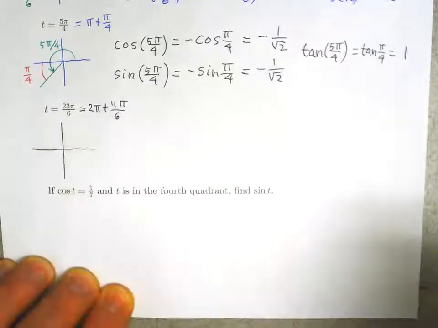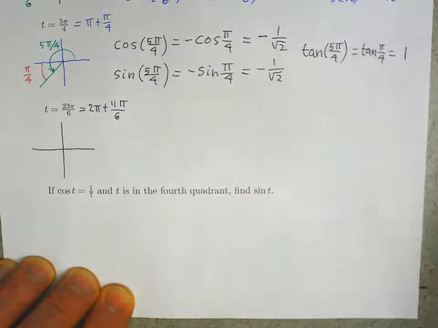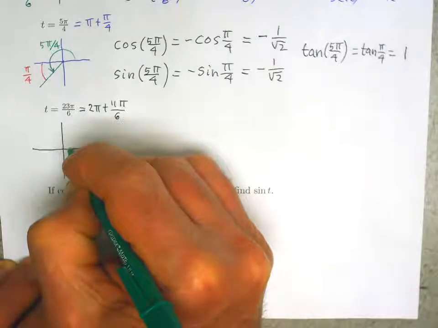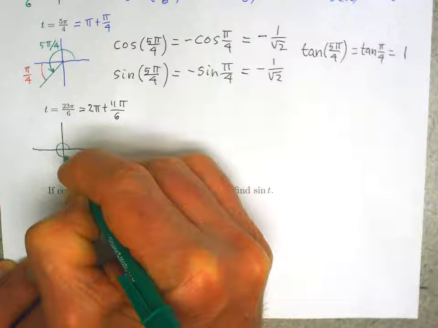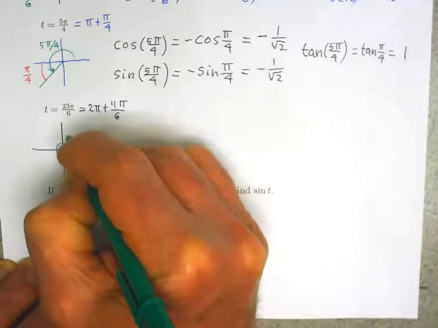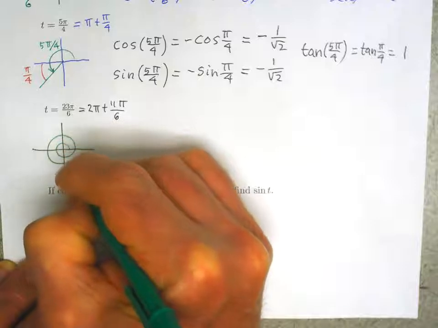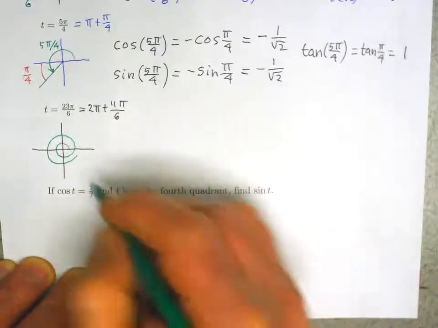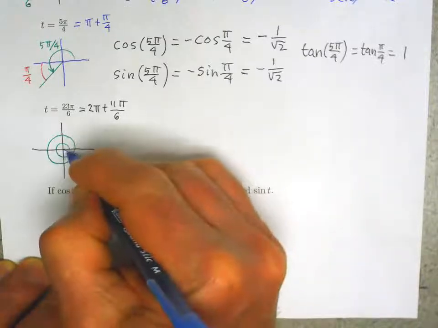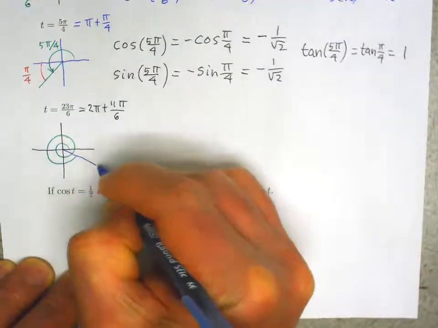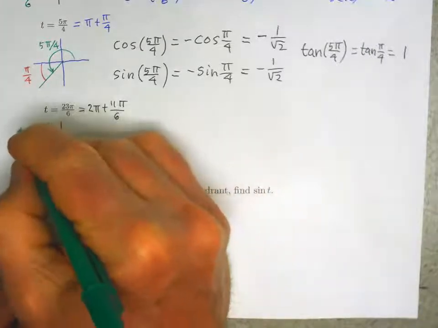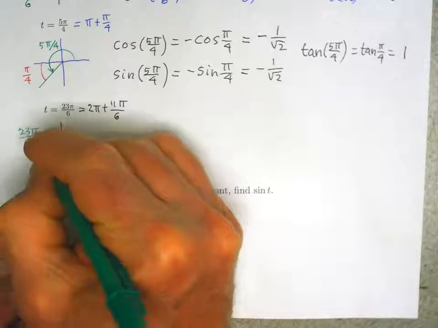Okay, so we might as well sketch in the rotation. So counterclockwise, there's 2 pi, and then an additional 11 pi over 6 puts us somewhere in that region right here. Okay, so this is 23 pi over 6.